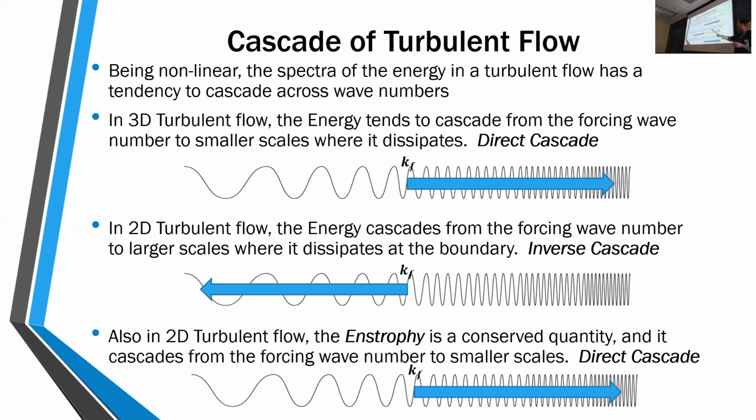That's in 3D, but in 2 dimensions, the energy actually goes back to the longer scales, the smaller wave numbers. But the rotational driving tends to restore the direct cascade in 2 dimensions only. So that was new to me.